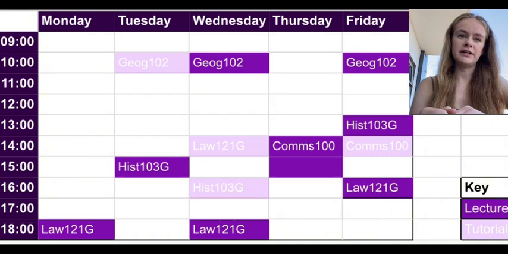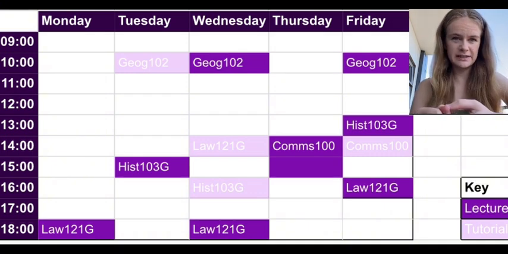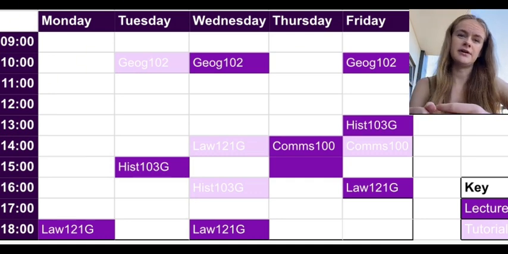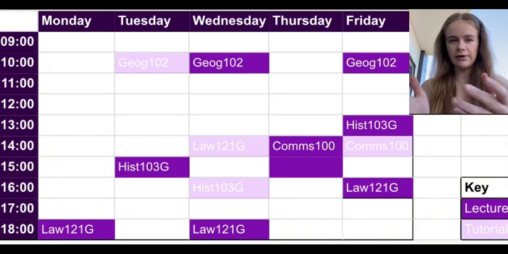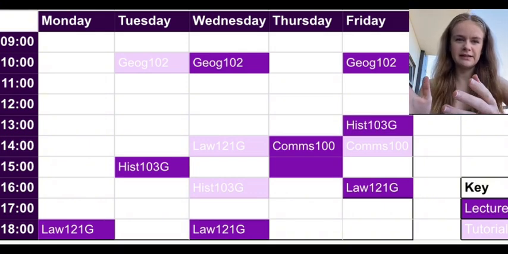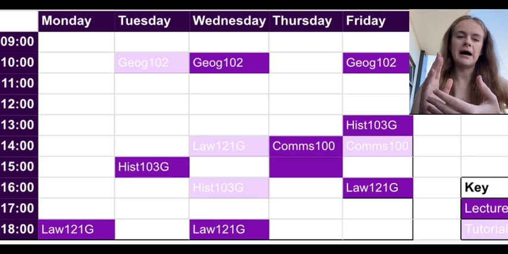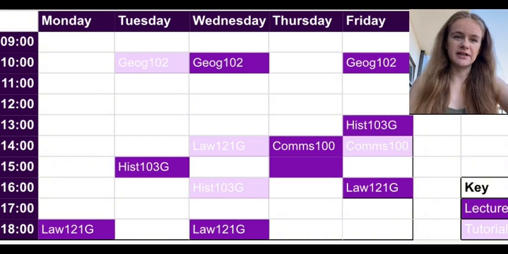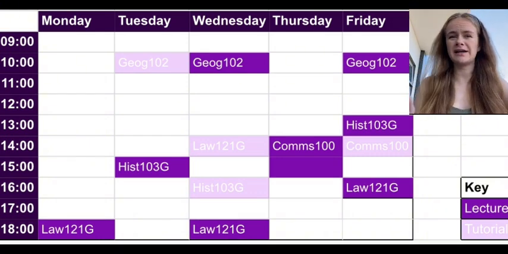That included History 103G, which is like a general world history paper, and the G actually stands for Gen Ed, so anyone can take that paper as their general education paper. Everyone has to do a general education paper in their time at university, but that is actually accredited towards my major. And then we've got Comms 100, which is to do with my media, film and television major, so I could see that that was a first year course requirement on my SSO.